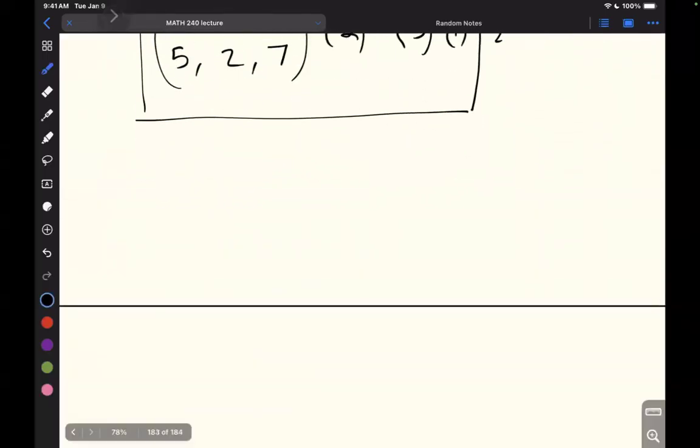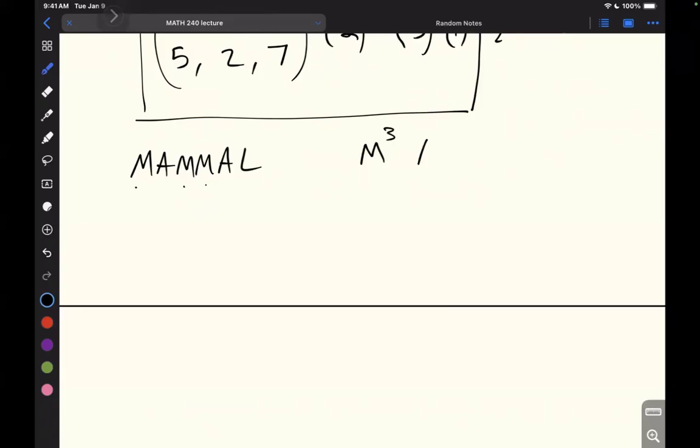All right, I've got just one more. I want to know how many rearrangements of the word mammal there are. To do this, I'm going to look at how many M's do I have? 1, 2, 3. How many A's do I have? 2.